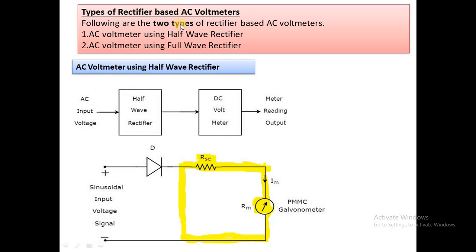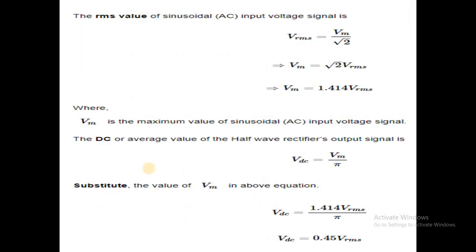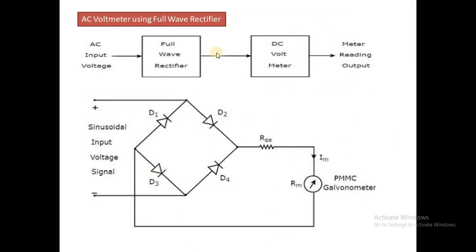If you want to construct the AC voltmeter for measuring AC voltages, we just have to add the rectifiers at the input side.